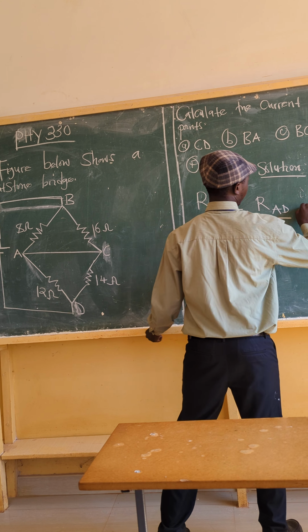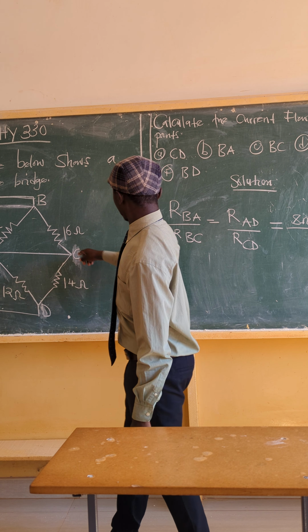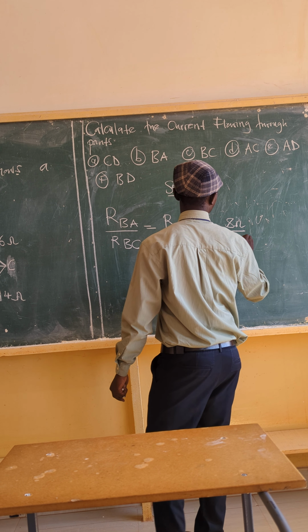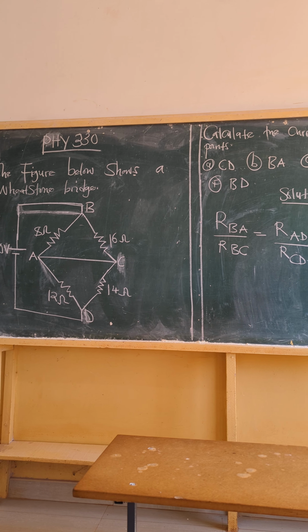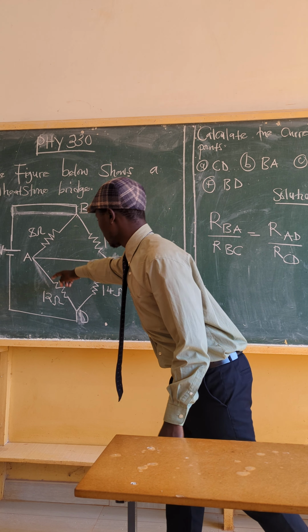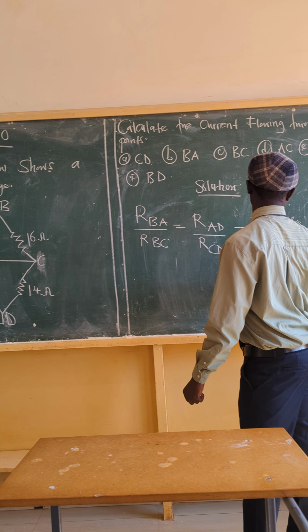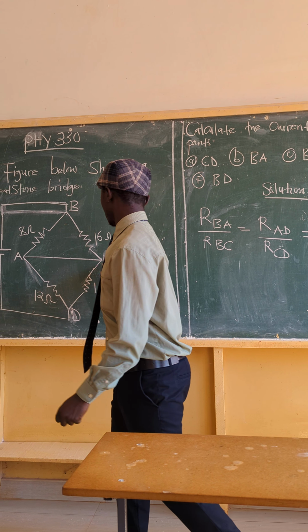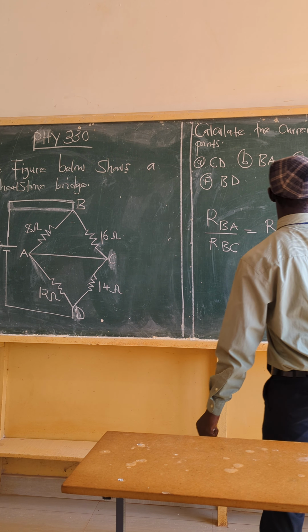Where there is resistor BA, we substitute 8 ohms. Where there is resistor BC, we substitute 16 ohms. Where there is resistor AD, we substitute 12 ohms. Where there is resistor CD, we substitute 14 ohms.